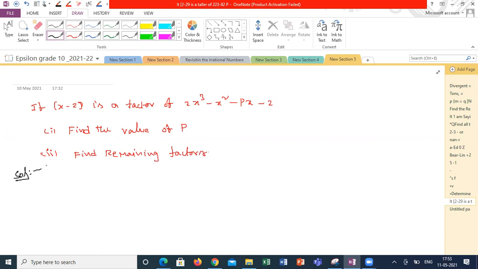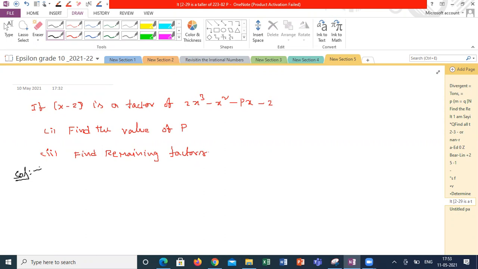What is the first step we have to do in this question? How to calculate the p-value?